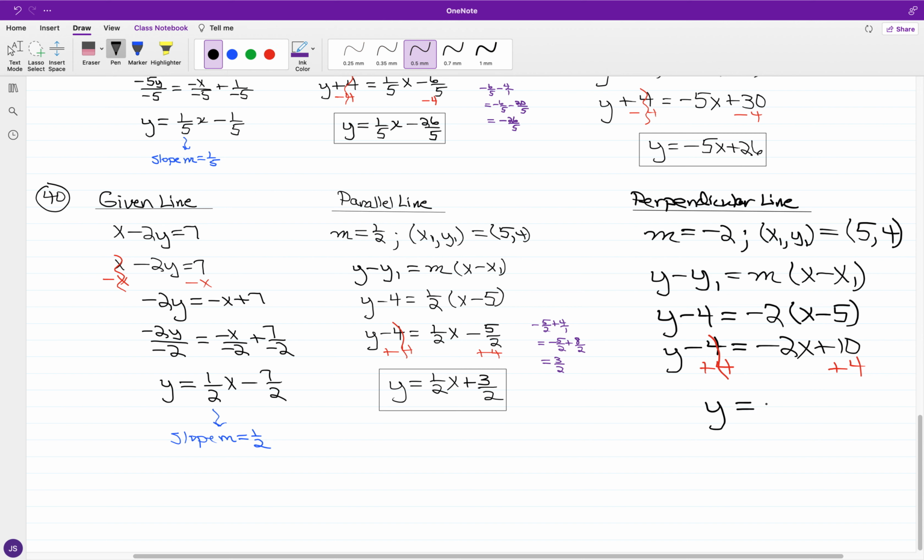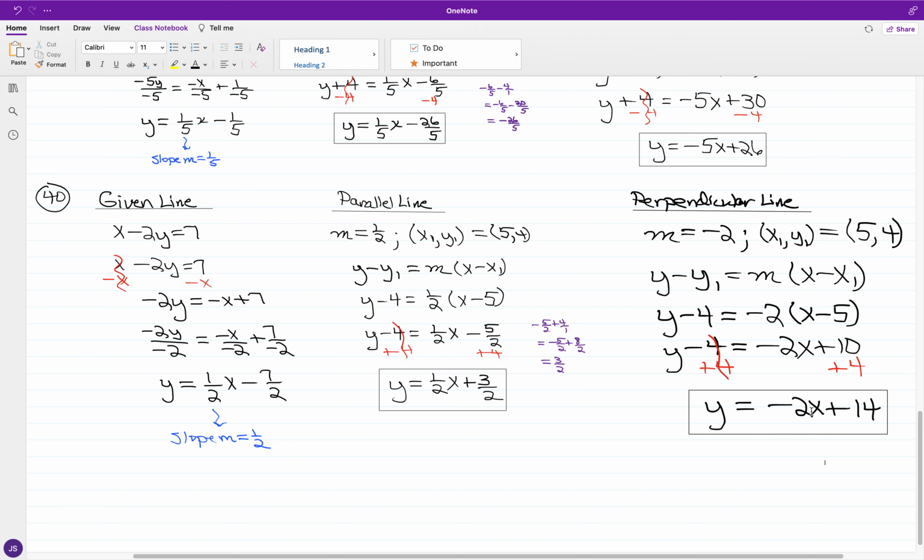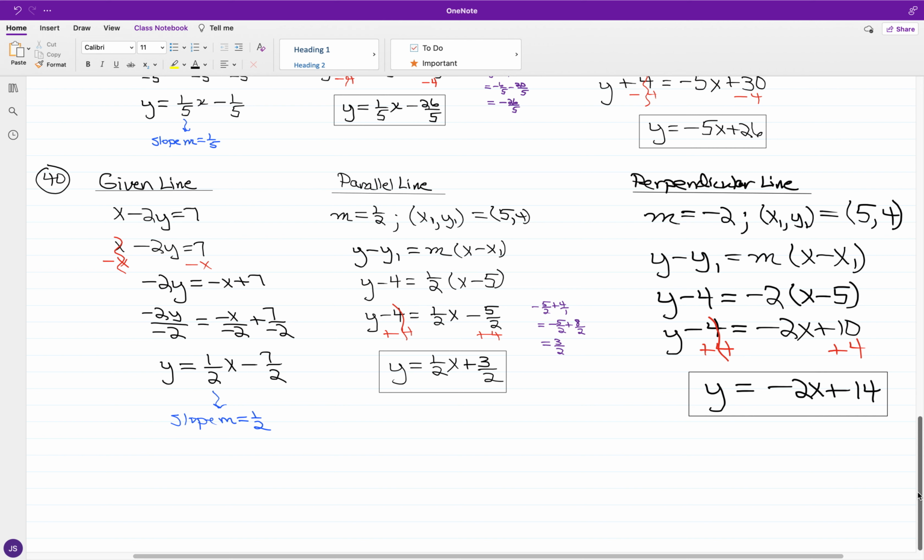And we can check. So with x at 5, -2 times 5 is -10. -10 plus 14 is 4. And the left-hand side of the equation is y, which is also at 4. So the left and the right-hand sides have equal numerical values. Okay, so this equation works for the given slope as well as the point through which the perpendicular line is going to pass.